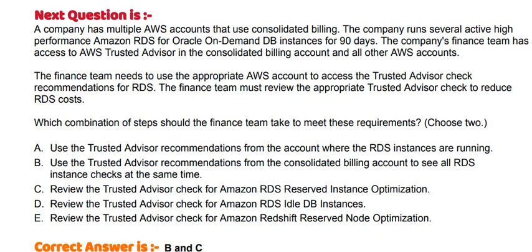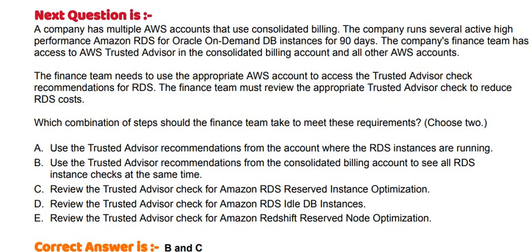Choose 2. Option A. Use the Trusted Advisor recommendations from the account where the RDS instances are running. Option B. Use the Trusted Advisor recommendations from the consolidated billing account to see all RDS instance checks at the same time.